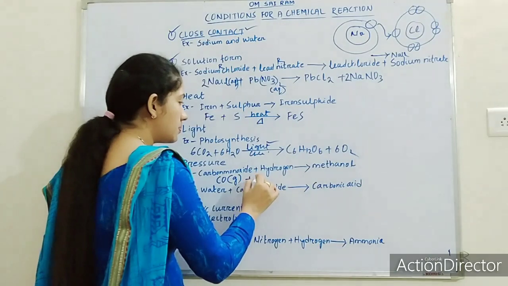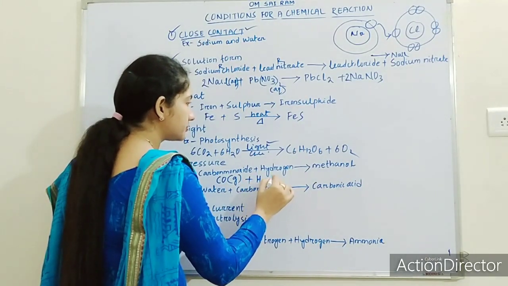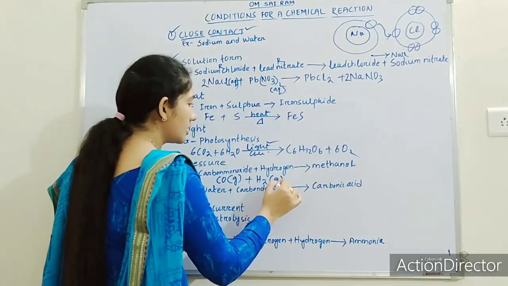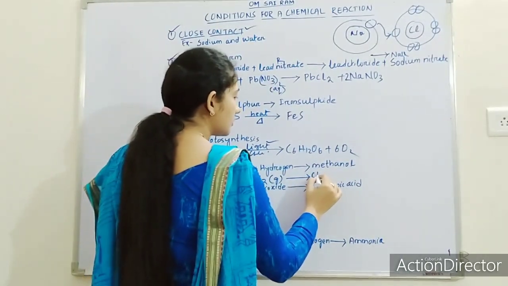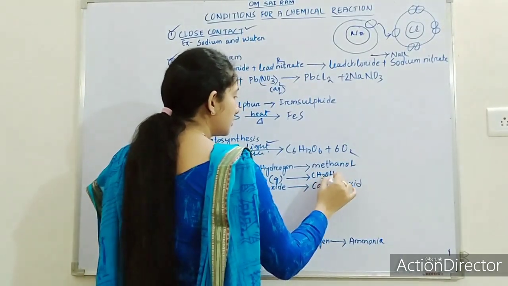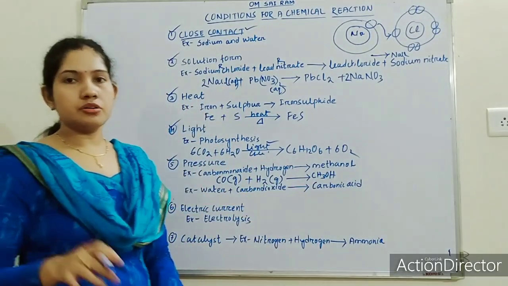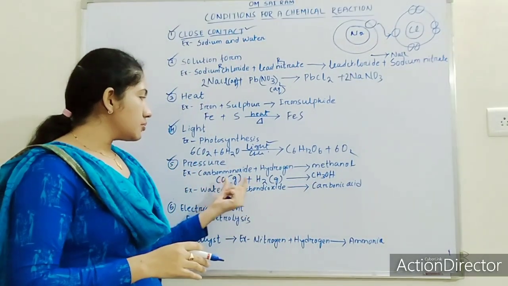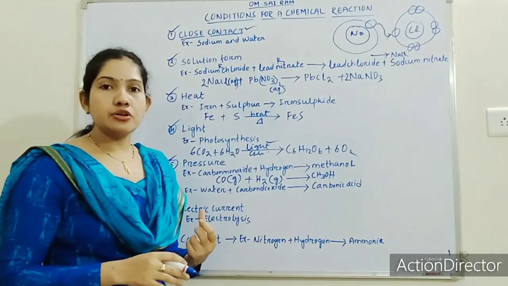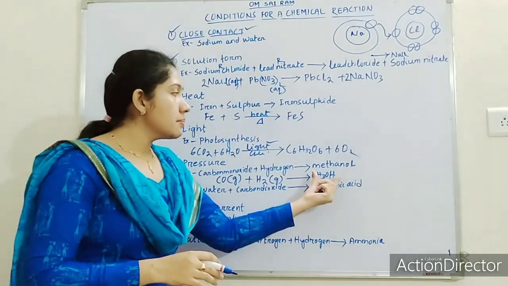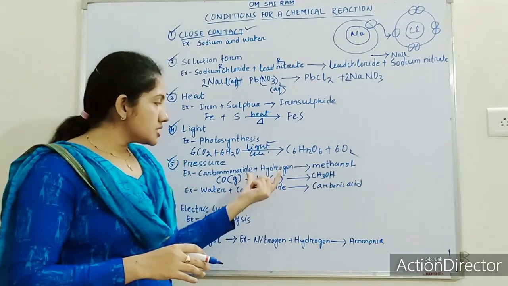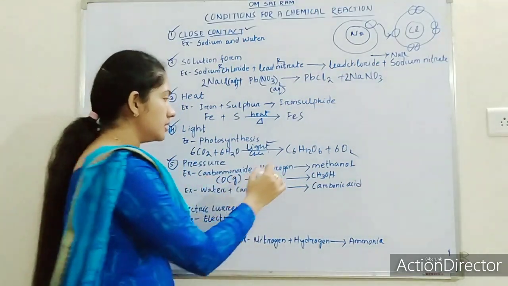Carbon monoxide plus hydrogen, it forms methanol. Okay. Balancing and all we can talk about later. So carbon monoxide and hydrogen in gaseous state will form methanol. Okay. So this is in pressure.